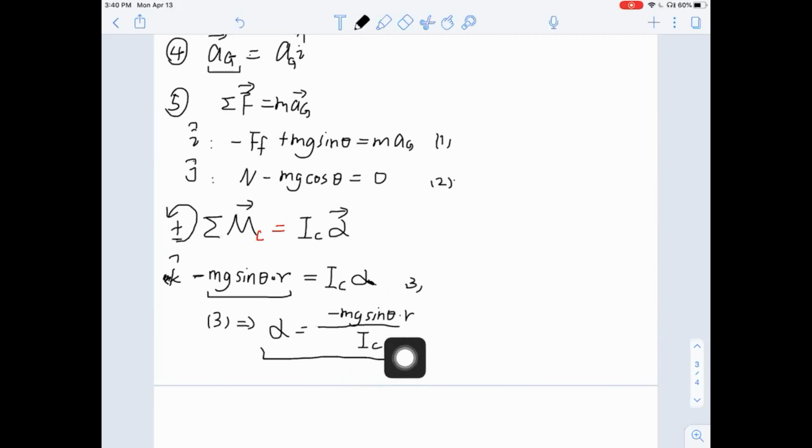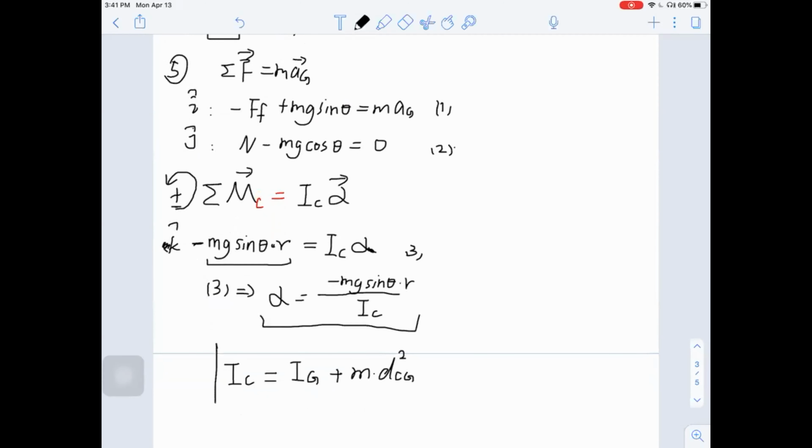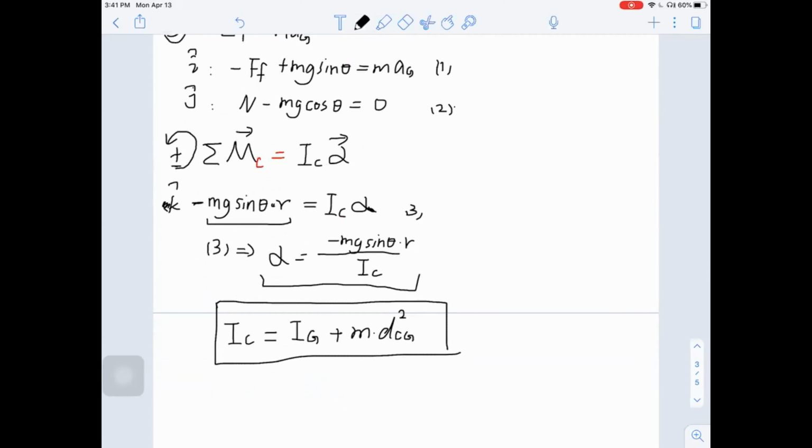That's the moment of inertia about point C. And last time we learned the parallel axis theorem, so you can find the moment of inertia about any point using this formula: I_C equals I_G plus m times d squared, where d is the distance between C and G. So we can replace this I_C with this formula.